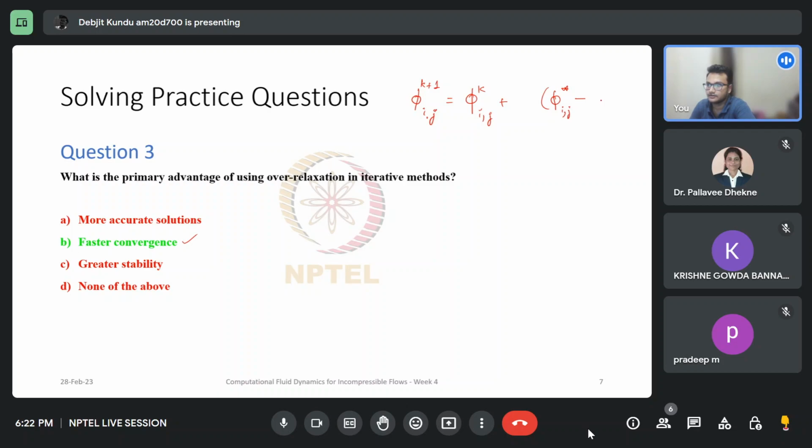This is a provisional value and this is the older value, and we multiply this difference with some over relaxation parameter omega.